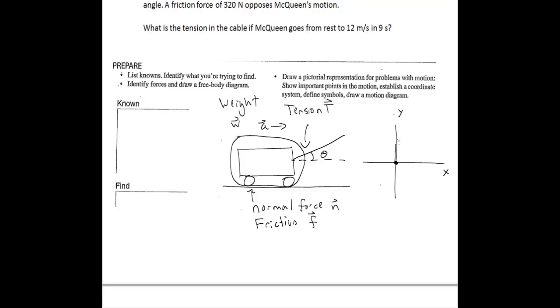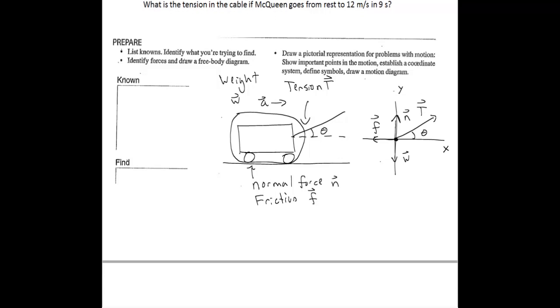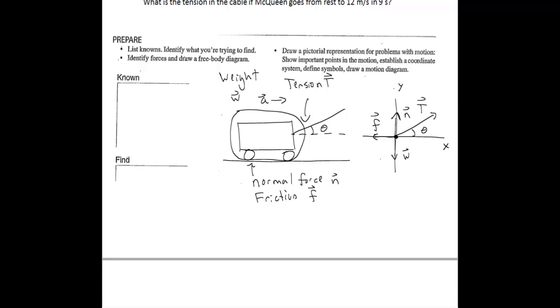We have a normal force up, and weight down. There's tension pulling at an angle theta from the horizontal, and some friction force opposing the motion. So that's what we know about the forces acting on Lightning McQueen.